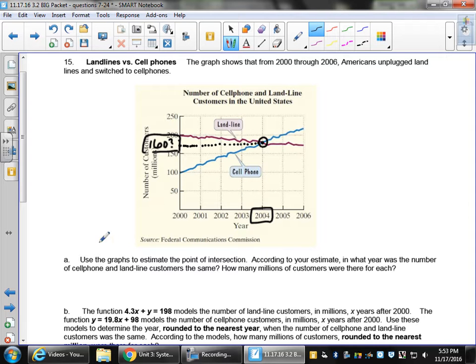So our estimate is 2004, 160 as an ordered pair.